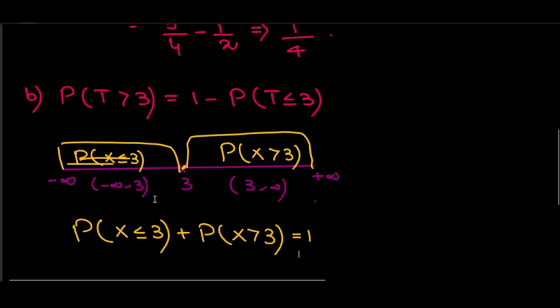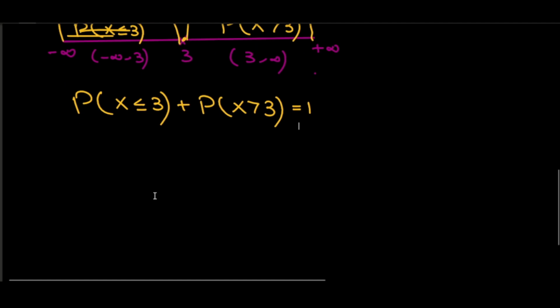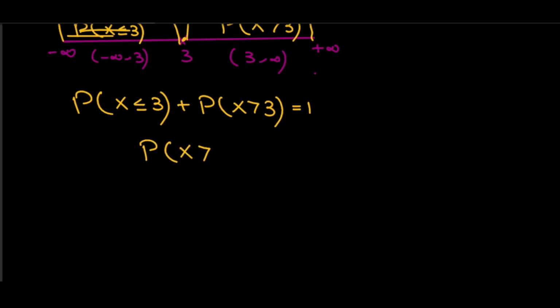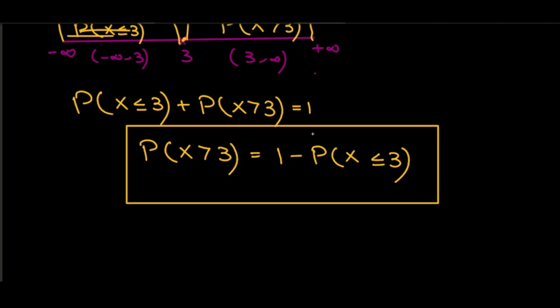Now I can write the probability of X strictly more than 3 as 1 minus the probability of X less than or equal to 3. So this is a very important formula. You can use this formula directly, right?